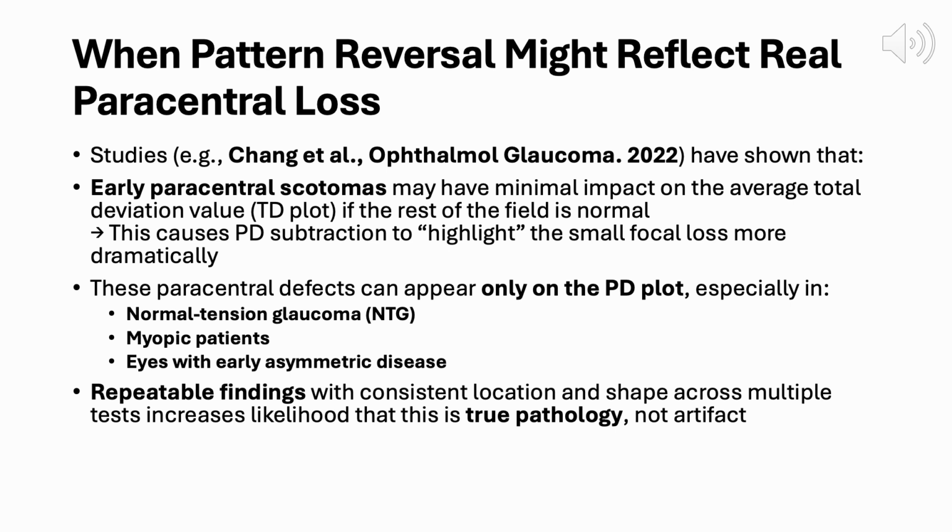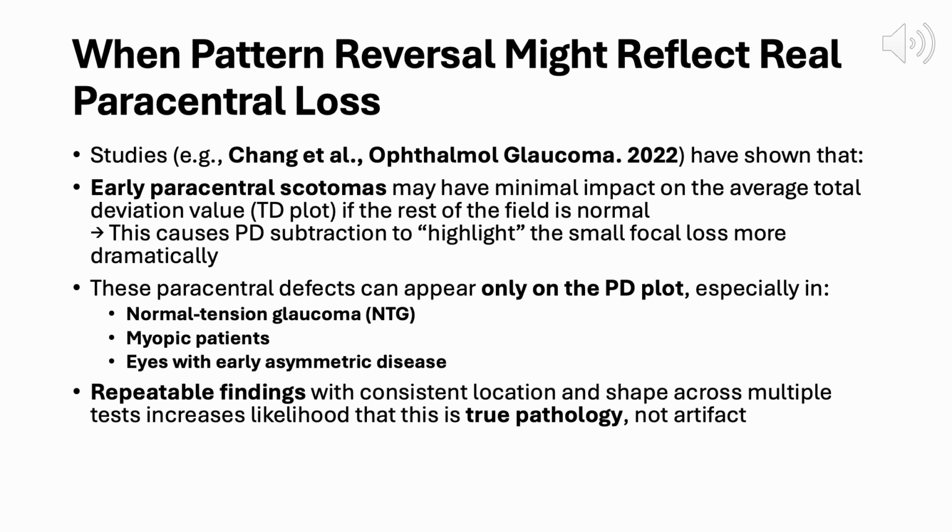This skews the subtraction process used to generate the pattern deviation plot, causing it to highlight the small focal defect much more dramatically. These isolated paracentral defects can appear only on the pattern deviation plot, particularly in patients with normal tension glaucoma, myopic eyes, or eyes with early asymmetric disease.